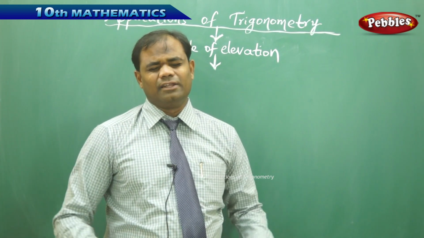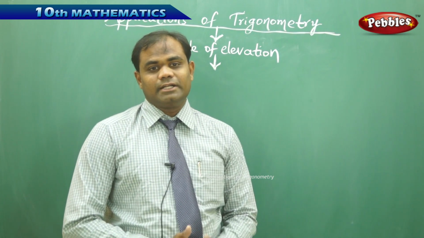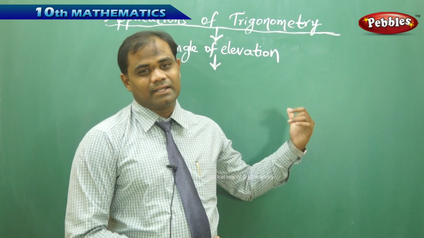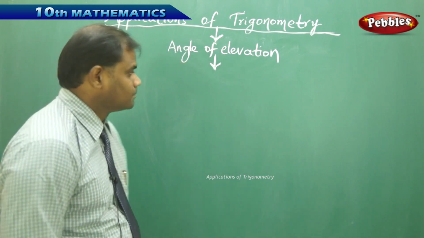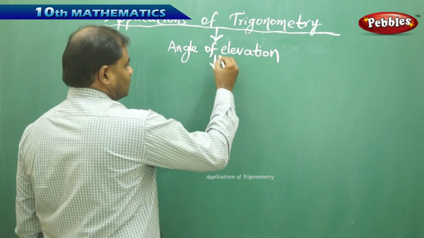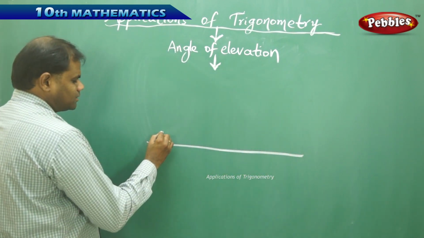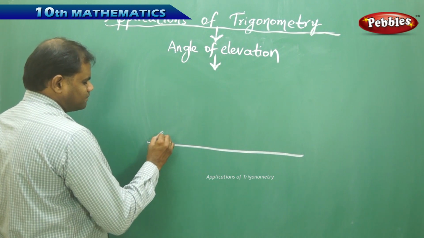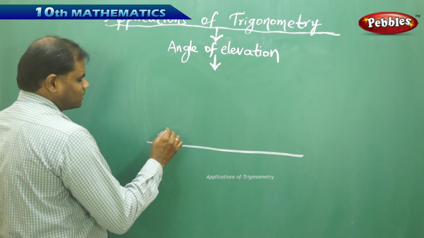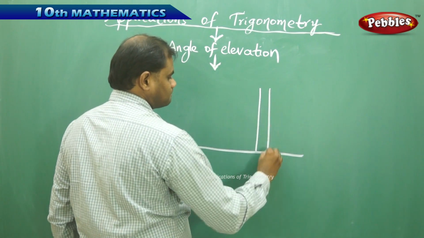One is angle of elevation. Now what is angle of elevation? Let's see what is exactly angle of elevation connected with line of sight. To start with, I start with the ground. Imagine I stand here, and from there I make eye contact with the tower which is out here.